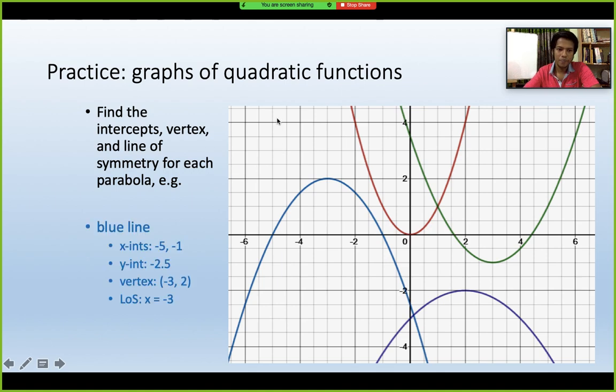Okay, let's see. For the blue line, our x-intercepts are at these points, -5 and -1, and the y-intercept is here, which is -2.5. Then the vertex is here, (-3, 2).